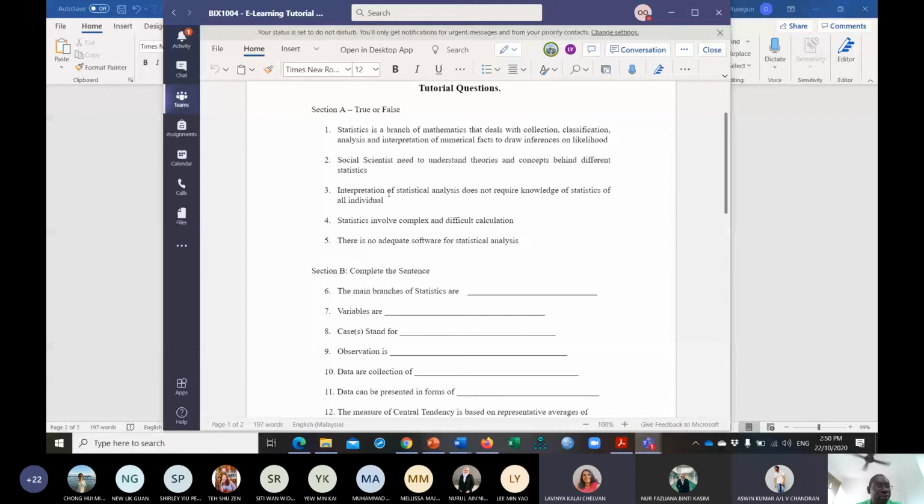Justified? All individuals, because you need a group that you are focused on to get your data. It doesn't mean you have data on everyone.